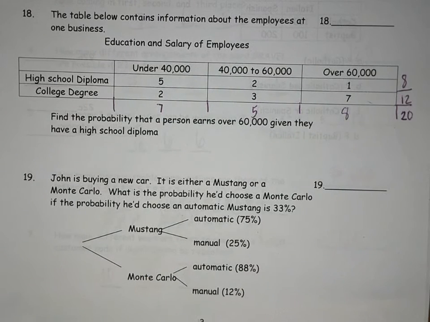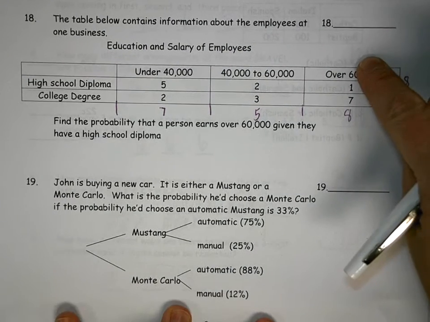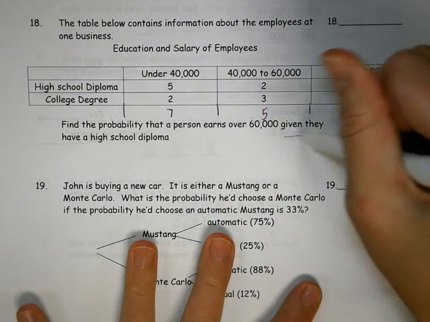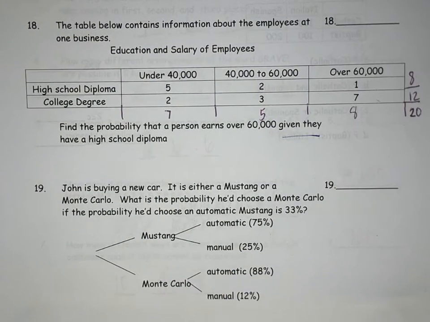Now, this says, find the probability that a person earns over $60,000 given they have a high school diploma. So over 60,000 is over here, right? Given they have a high school diploma. Whenever we have this given, it means we find the two together.